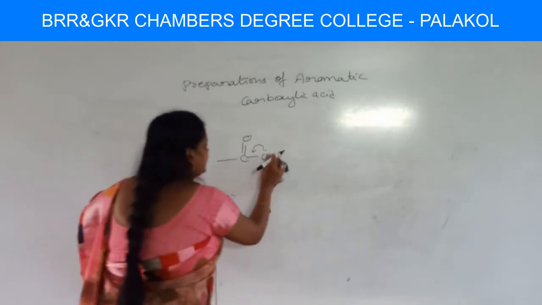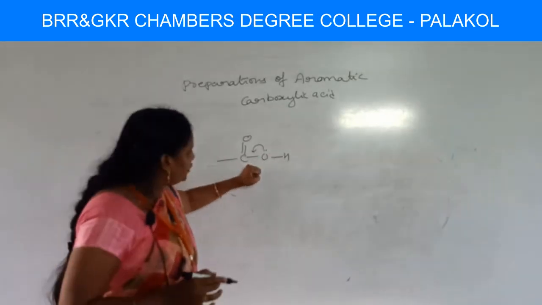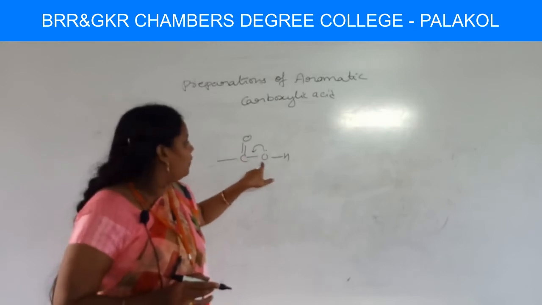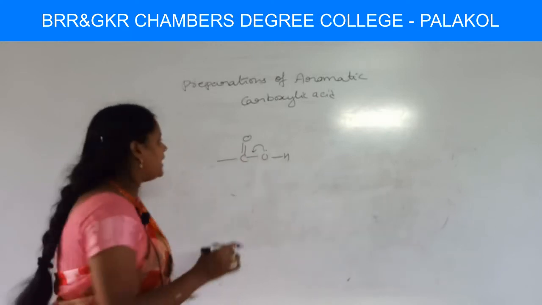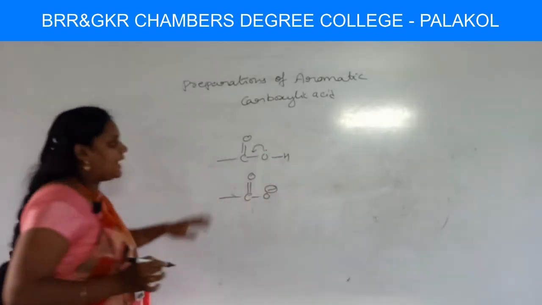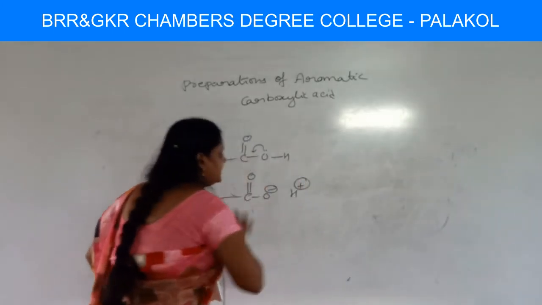So what it tries to do is attract the 2 electrons from the OH bond pair to form a carboxylate ion. That's why the proton is removed easily.